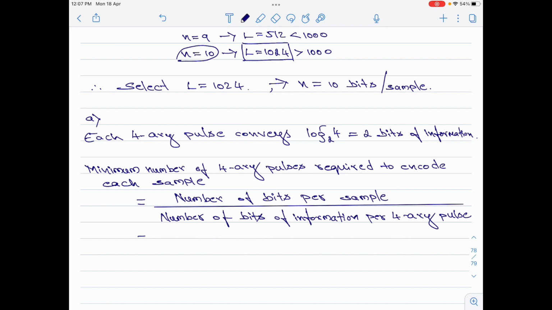Therefore, this is equal to 10 divided by 2, therefore 5 4-array pulses per sample. This is the minimum number of 4-array pulses required to encode each sample. That completes part A of the question.